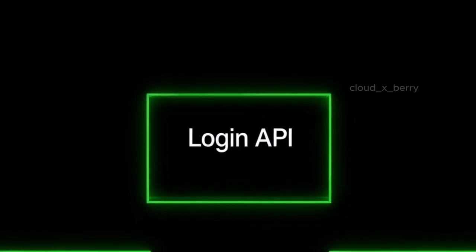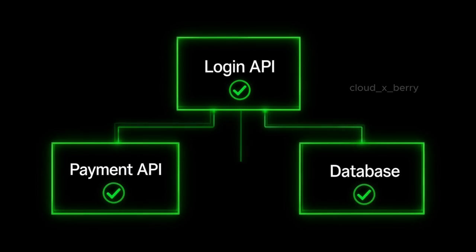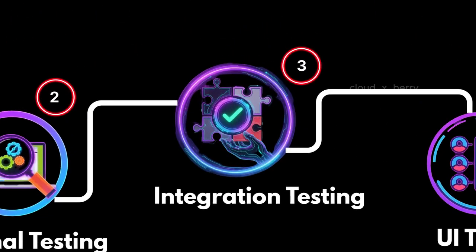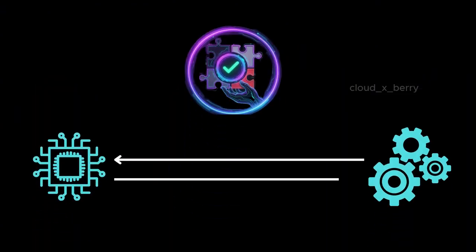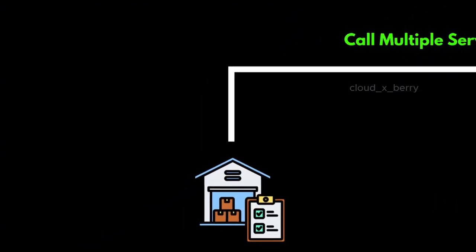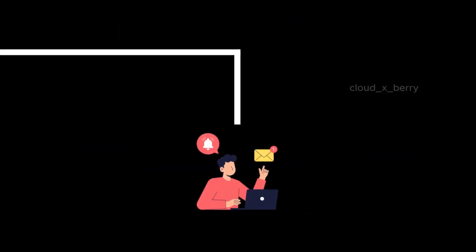Now, even if individual components work correctly, real-world systems are made of multiple interconnected parts. That's where integration testing becomes critical. Integration testing focuses on how different components interact with each other. For example, when a user places an order, the system might call multiple services: inventory, payment, and notification systems.